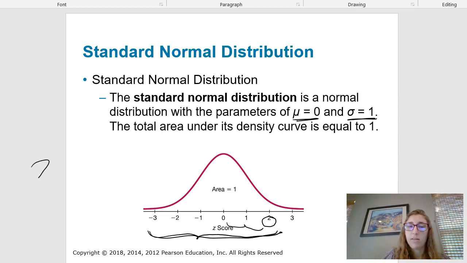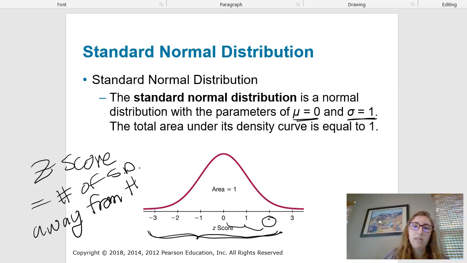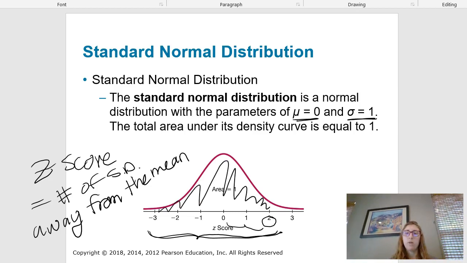Okay, so remember, a z-score is the number of standard deviations away from the mean. And again, this whole area has to equal 1, because our probabilities always have to sum up to 1 here.